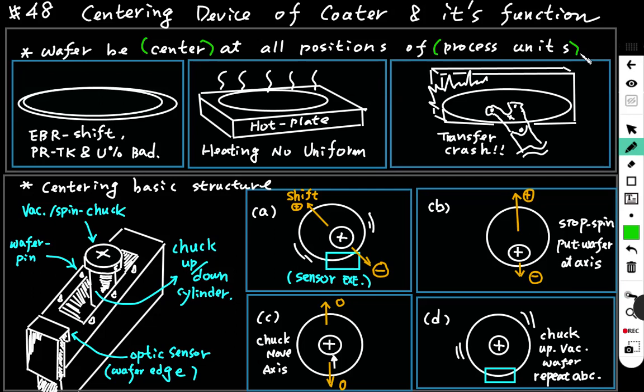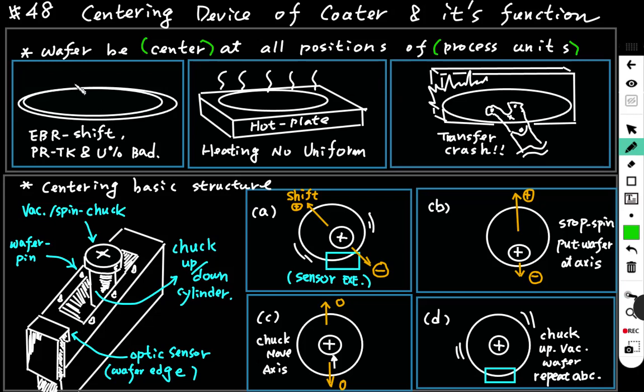It promises the process has good uniformity of thickness, or exposure alignment. Not only this, but also make sure the wafer transfer is okay.